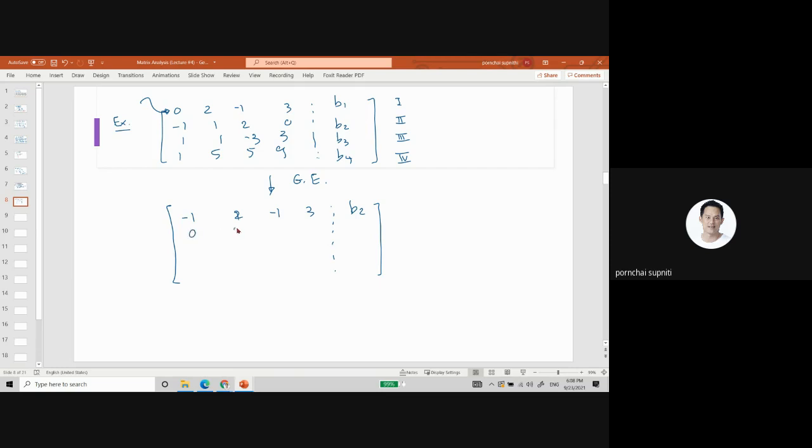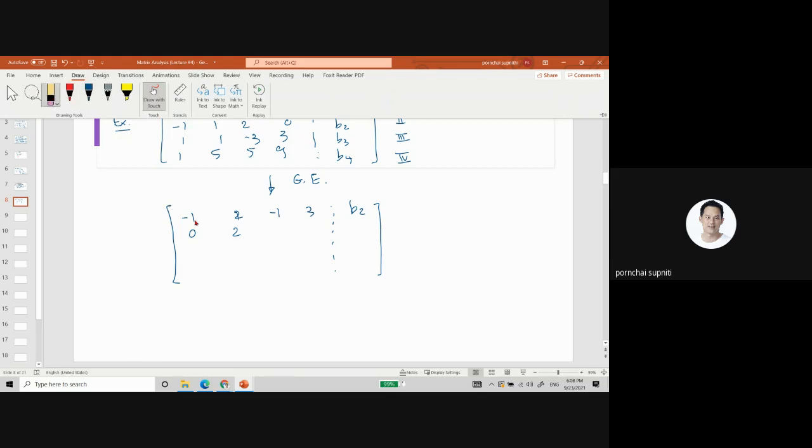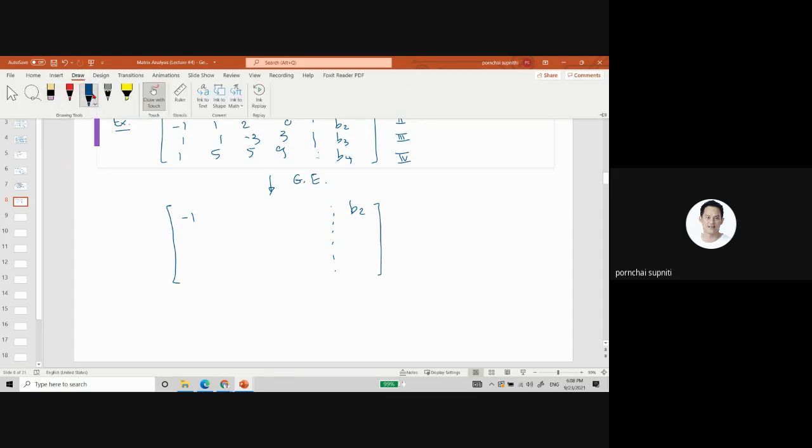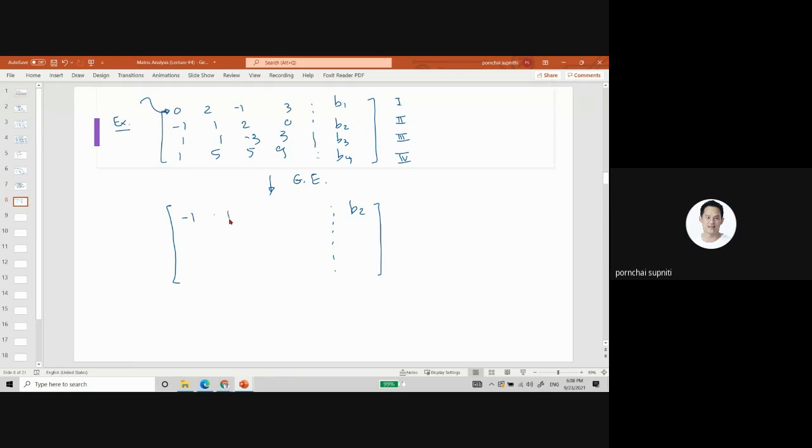So, move the first row to the second row. Oh, sorry, I think I mixed it up. One moment. I'm going to move the second row to the first row, and the first row I move to the second row, with B1.